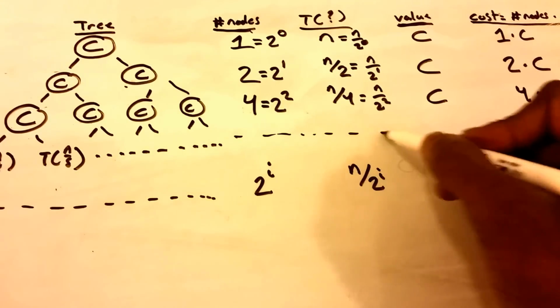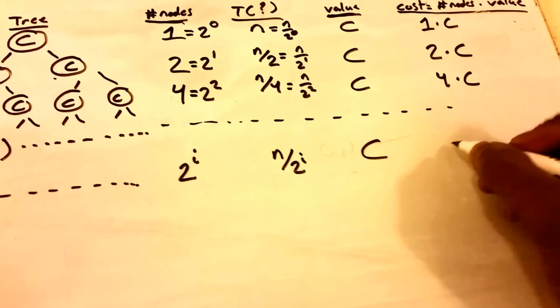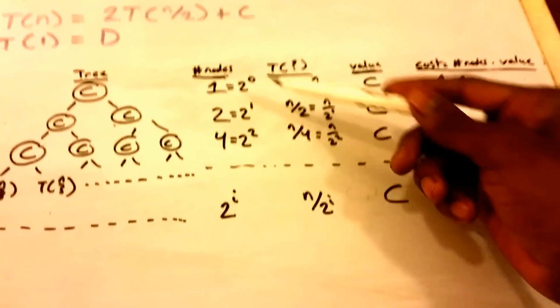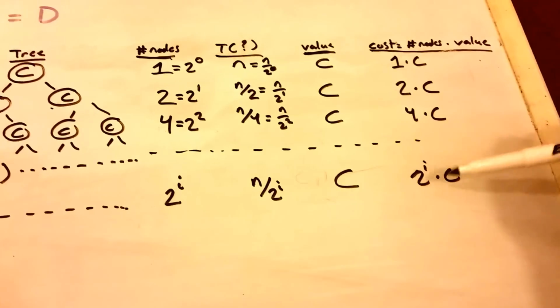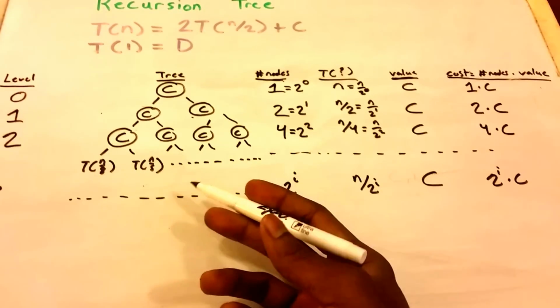We'll continue with our dots here. Our value is still C, and then our cost will be 2 to the power of I times C, right? Because these are still the number of nodes, which is 2 to the power of I, times our value, which is C. Okay? So this is what our tree looks like right now.